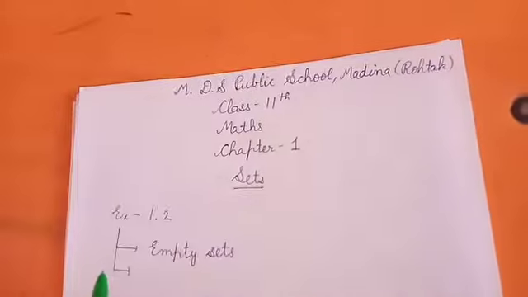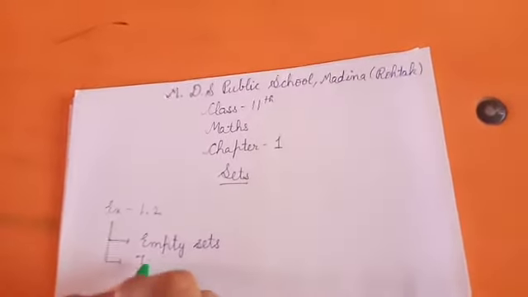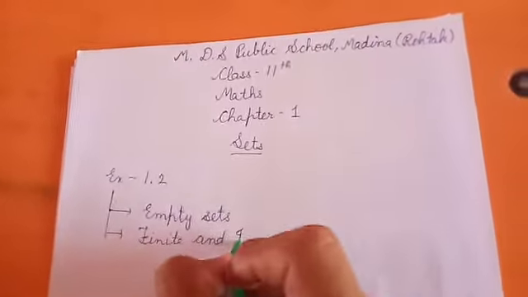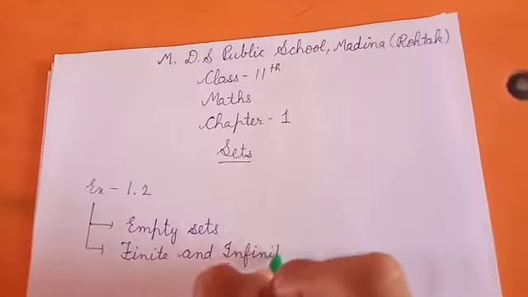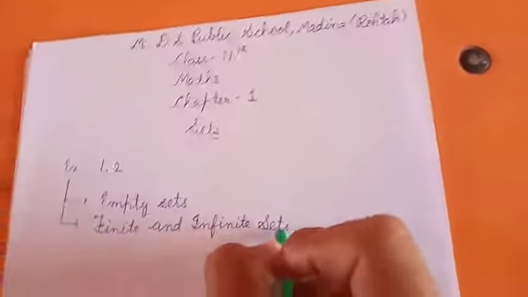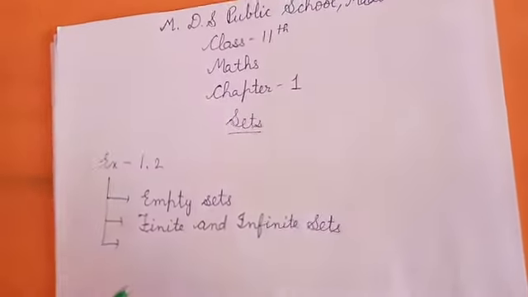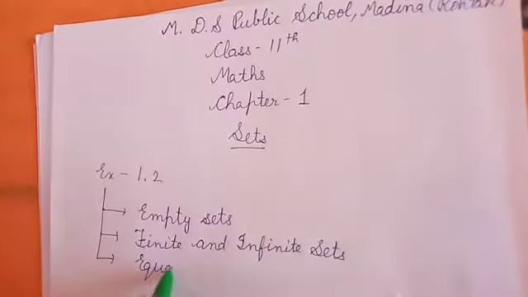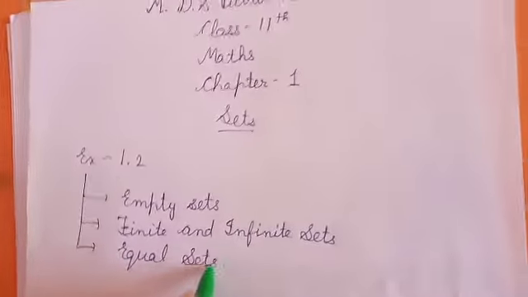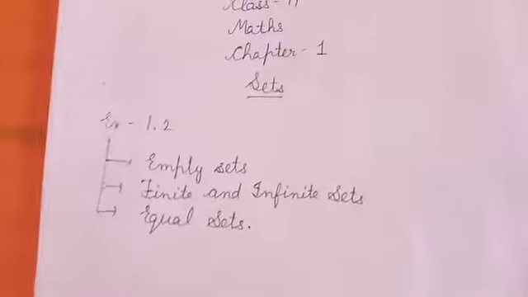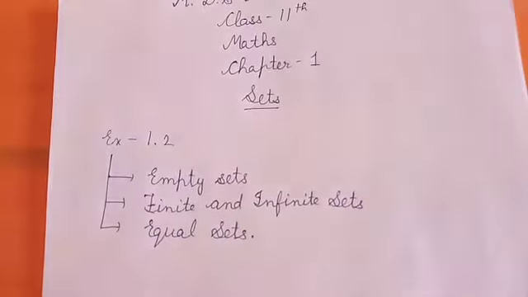Another is finite and infinite sets. And the last one is equal sets. These all are very easy, and the whole exercise is based only on these three topics.